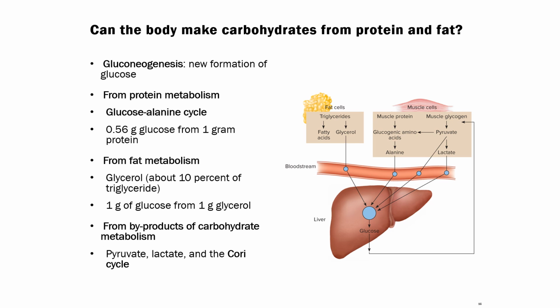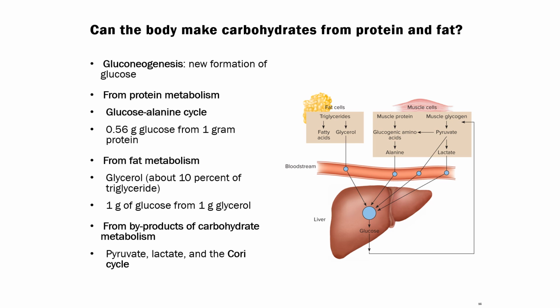This makes glycerol a relatively efficient source of glucose compared to protein, particularly during periods of fasting or when carbohydrate intake is limited. While glycerol can contribute to glucose production, the primary source of glucose during fasting is gluconeogenesis from amino acids, particularly from muscle protein breakdown.